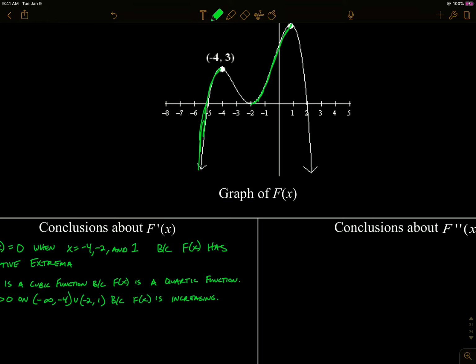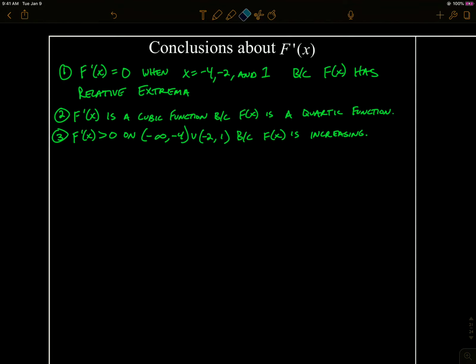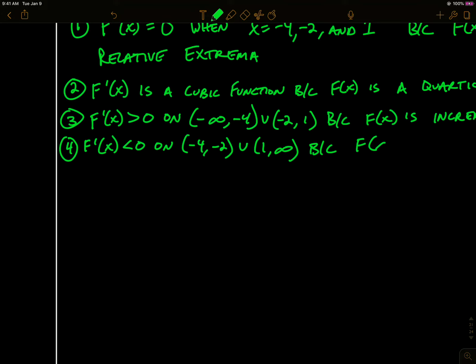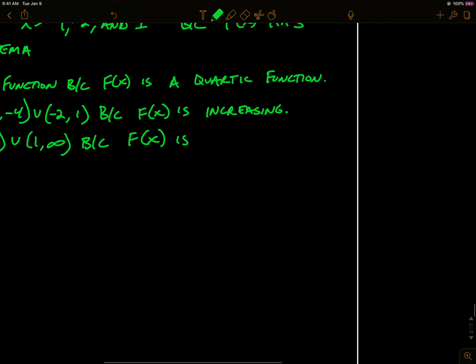Those are the two intervals where f of x is increasing. The same can be said about decreasing. We know that the derivative will be negative on -4 to -2, union 1 to infinity, because f of x is decreasing on those intervals.